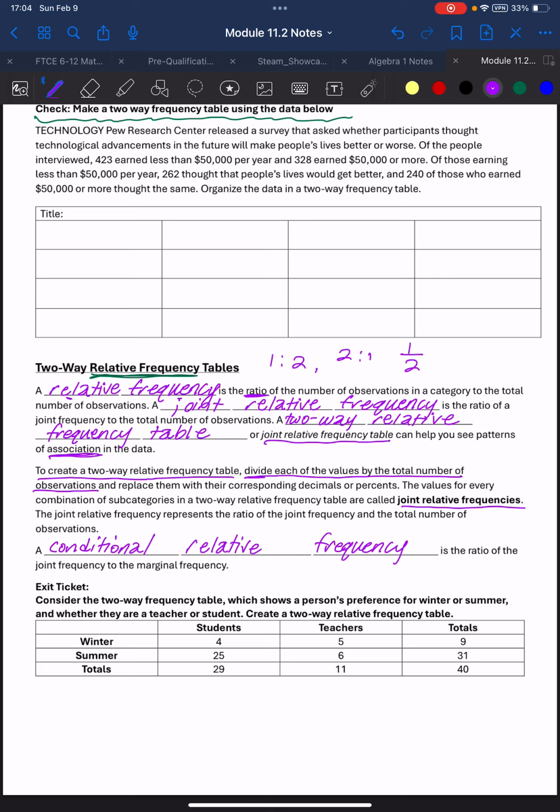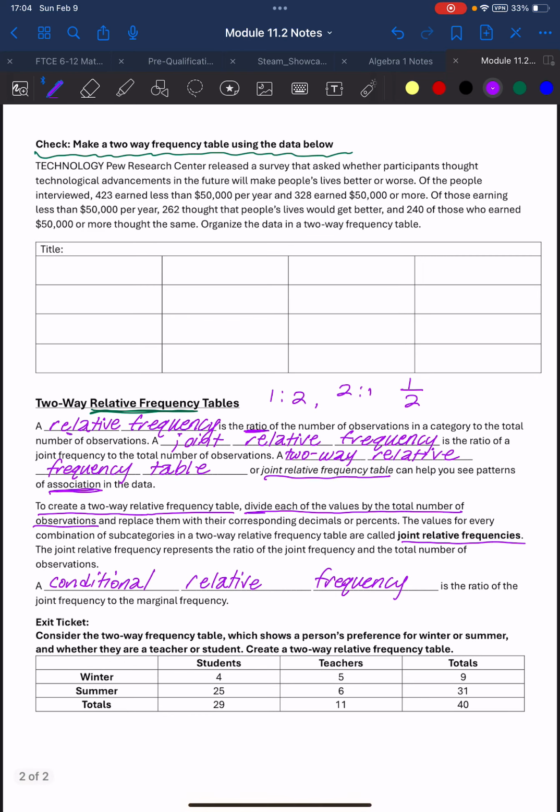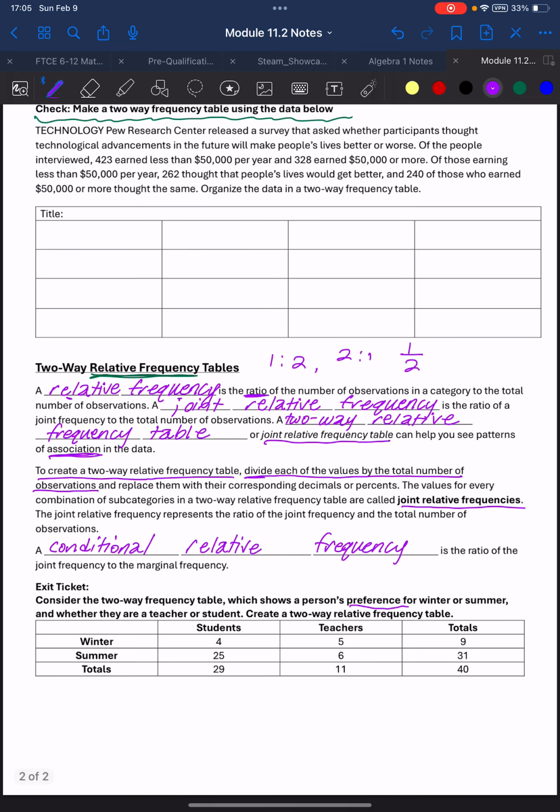Okay, so now let's go through the steps. So for your exit ticket, it says consider the two-way frequency table, which shows a person's preference for winter or summer and whether they are a teacher or student. Then it says create a two-way relative frequency table. I'm going to help you get started on the first one.